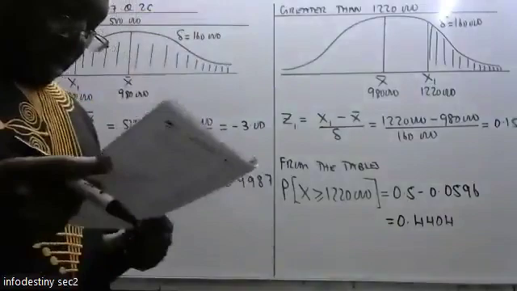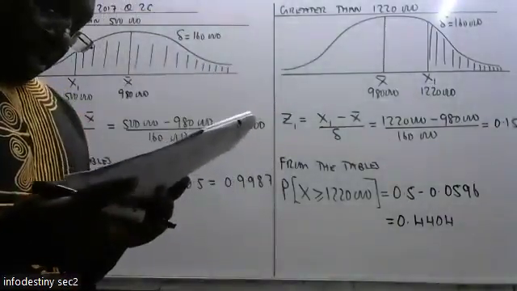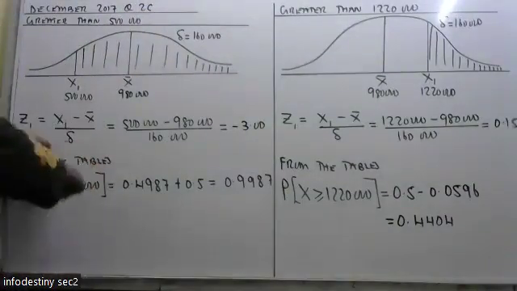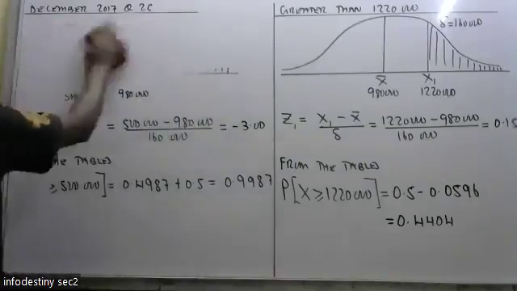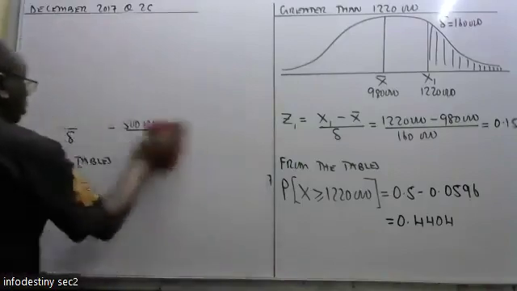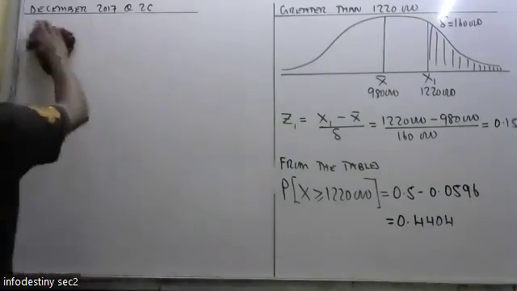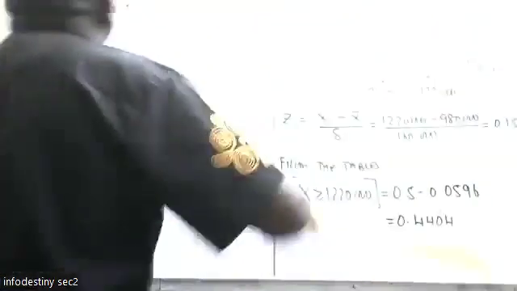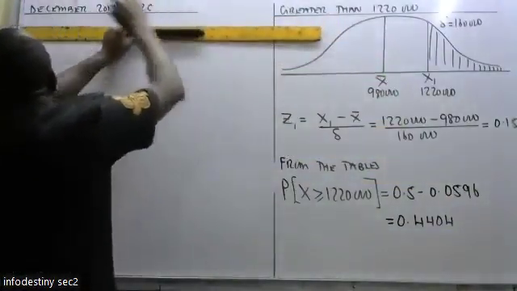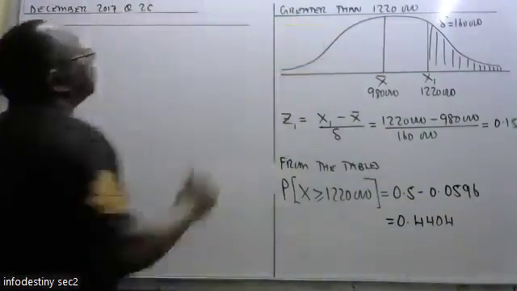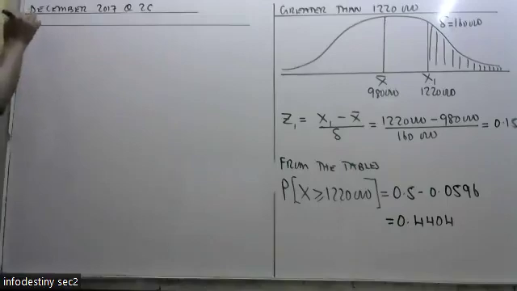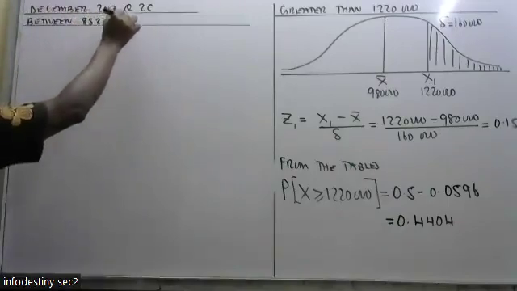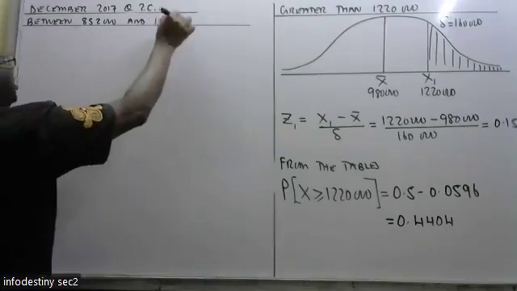Good. The next is between 852,000 and 1,100,000.